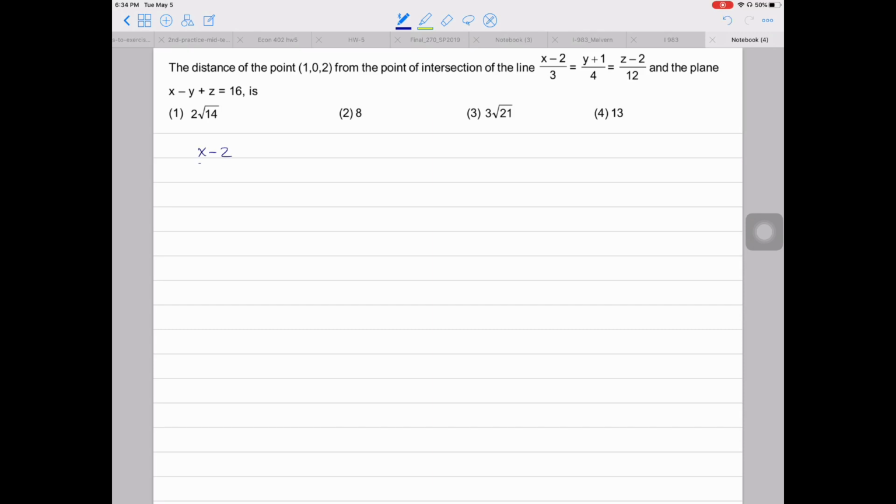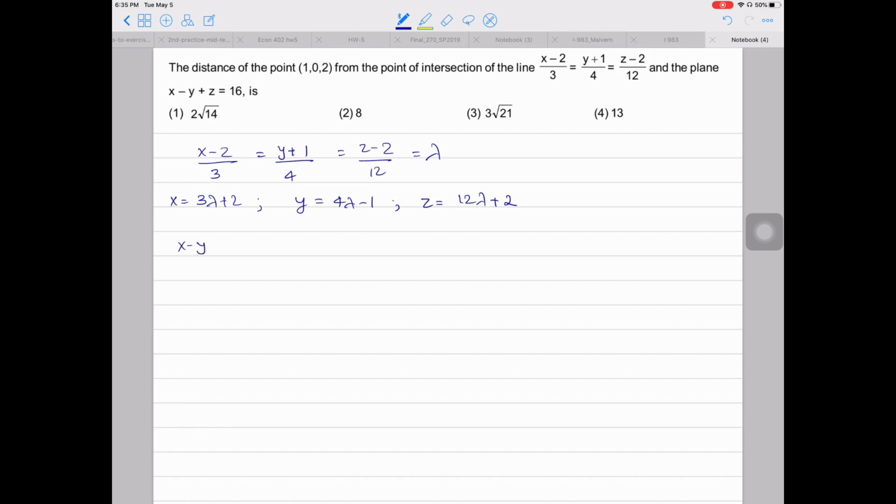We do this by equating the line to a term called lambda. So from this equation, we get x = 3 lambda + 2, y = 4 lambda - 1, z = 12 lambda + 2. And now we can plug these values of x, y, and z into our plane.